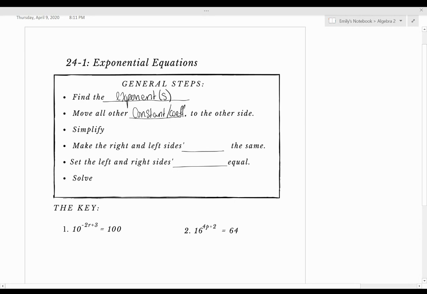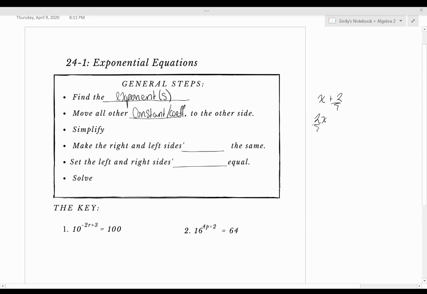You would have probably covered this early in your algebra experience. But a constant is a number that's just tagged on. So if I say x plus 2, it's the 2 that doesn't have a variable attached to it. That's called a constant. And then a coefficient is always attached to a variable. So the 2 in this case is attached to the x, and that would be a coefficient.